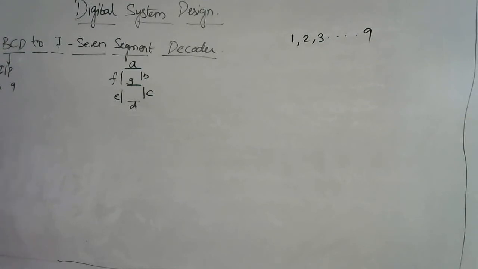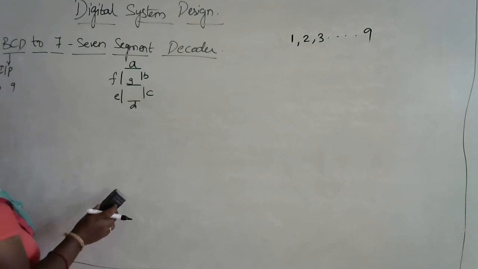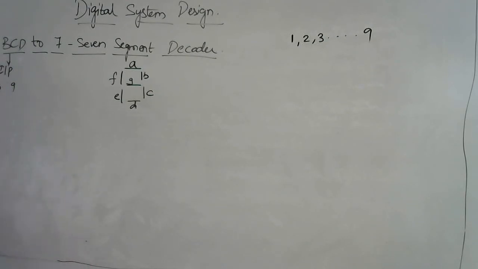As I said, the input is a BCD and we need to convert this BCD into a 7 segment display value. The first step is to write down these values in terms of display values.